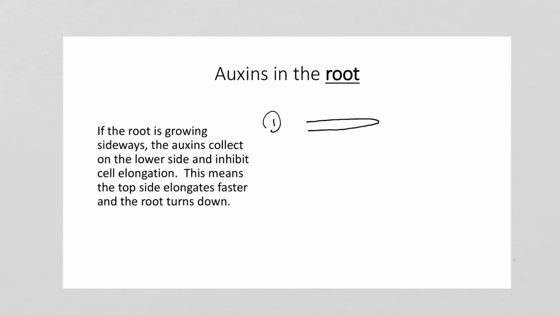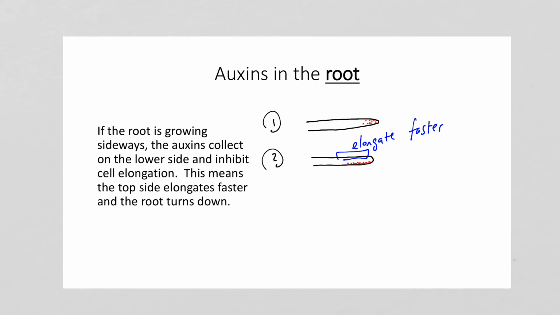You're going to get the auxin being produced at the root tip. Step 2, the auxin is going to go with gravity to the bottom. So you're going to end up with your auxin at the bottom of the root tip, which means that the side above is going to elongate faster.